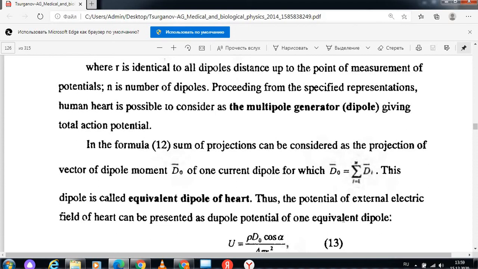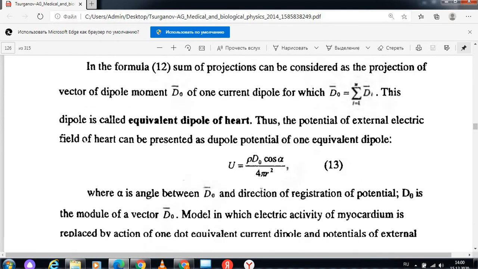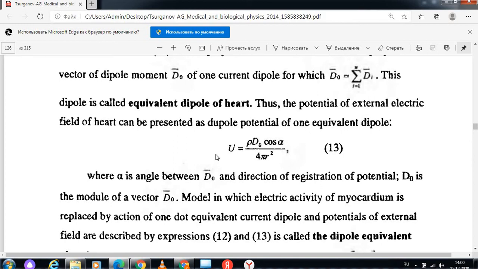The n is the total number of dipoles, and this dipole is called the equivalent dipole of the heart. Thus, the potential of the external electric field of the heart can be presented as the dipole potential of one equivalent dipole.